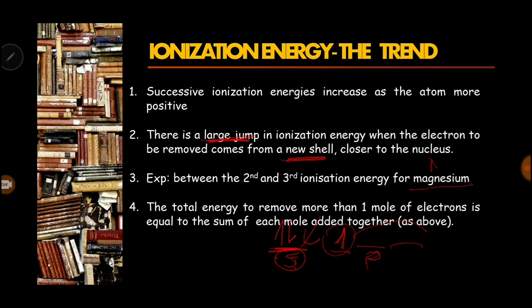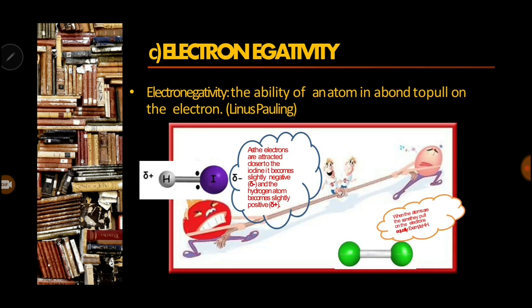Magnesium is Mg 2 positive. When going to the next level or new shell, it is harder to remove one electron from the S orbital. Next, the total energy to remove more than 1 mole of electrons is equal to the sum of each mole added together as above.